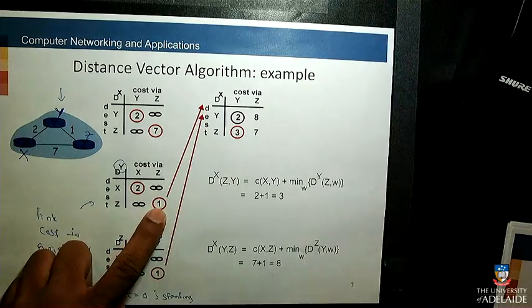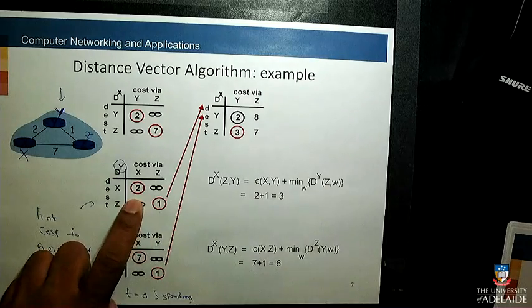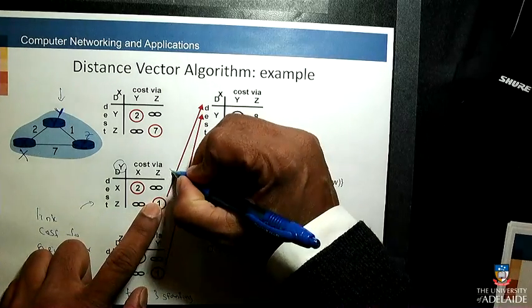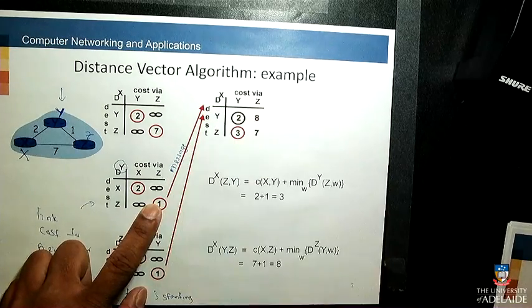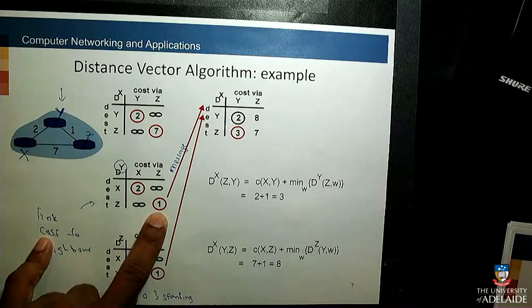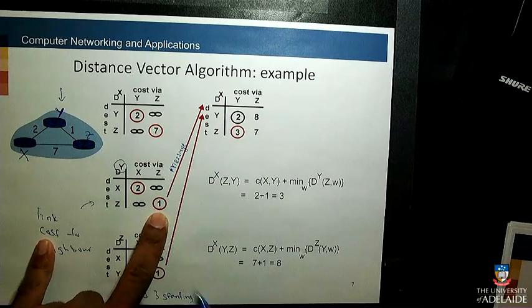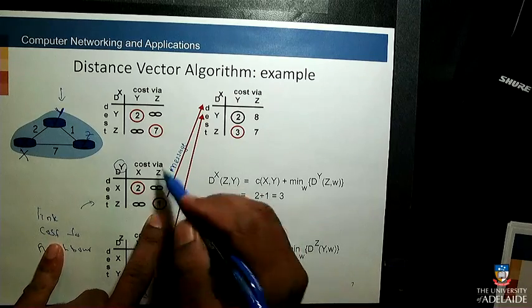So it sends that information off. My link cost to X is 2. So let's assume that this message, so here's a message, right? It's telling its neighbors about new information it has about routing to, let's pick this destination here, Z, right? Cost to Z via Z.